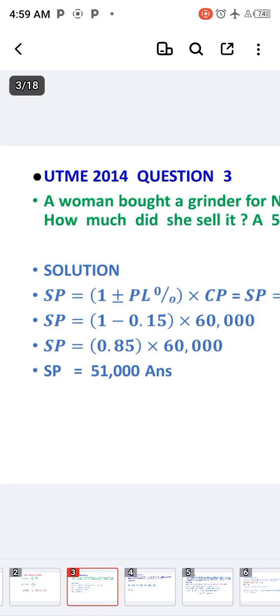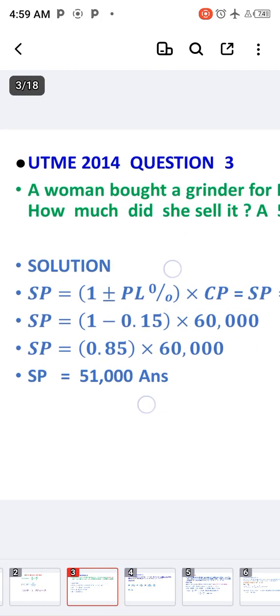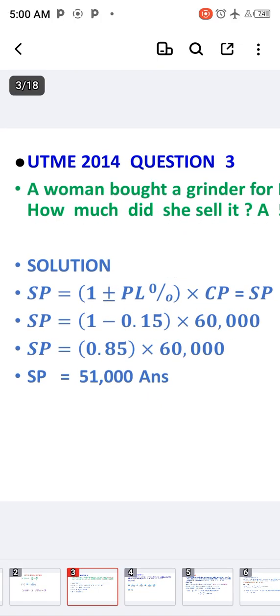Selling price now is 1 minus 0.15 times 60,000. 0.15 being 15% converted to decimal, while the 60,000 is the cost price.